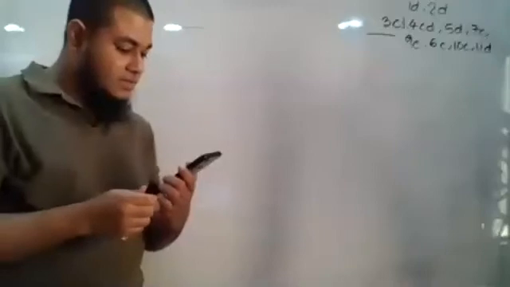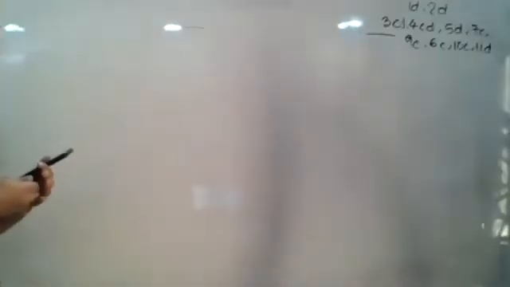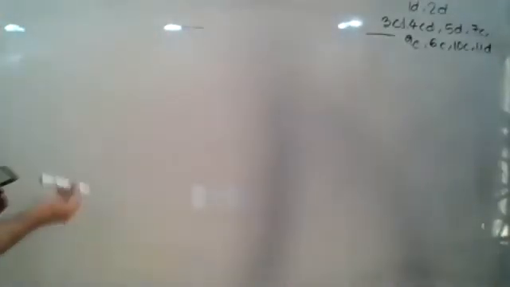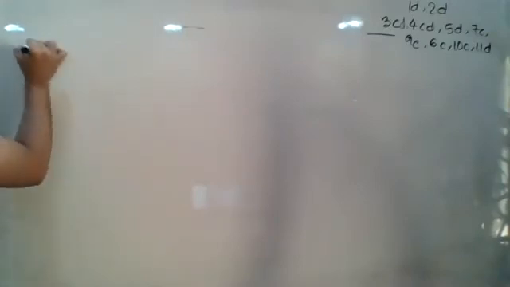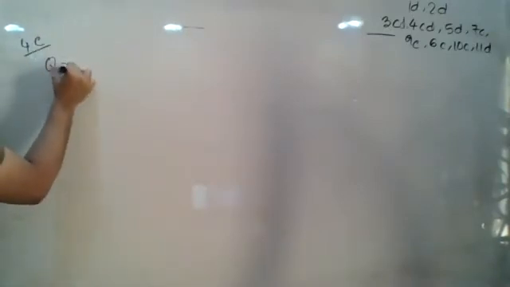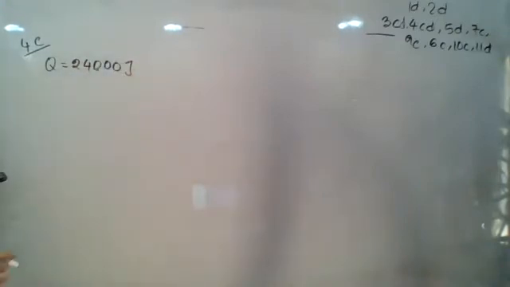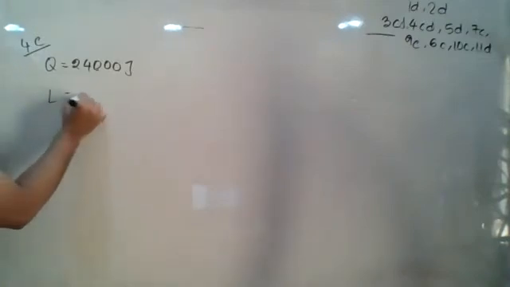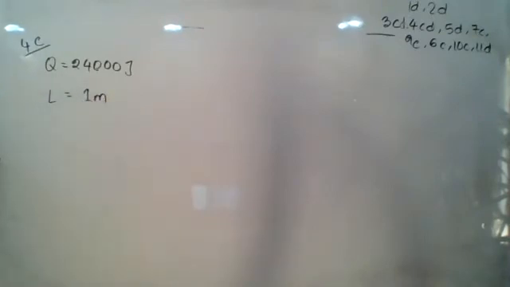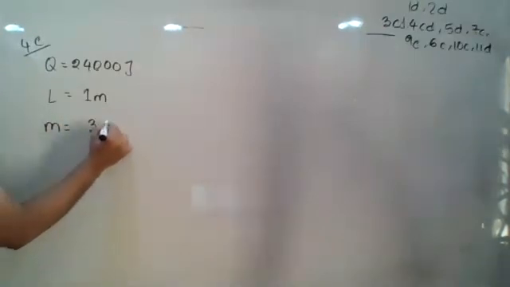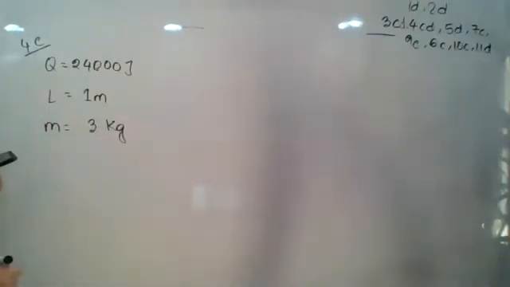In 4, in the stem it is given that 24,000 joule heat is applied. So the heat supplied Q is 24,000 joule, applied to increase the temperature of a rod of length 1 meter, having mass 3 kg, M is equal to 3 kg, from 30 degrees Celsius to 50 degrees Celsius.